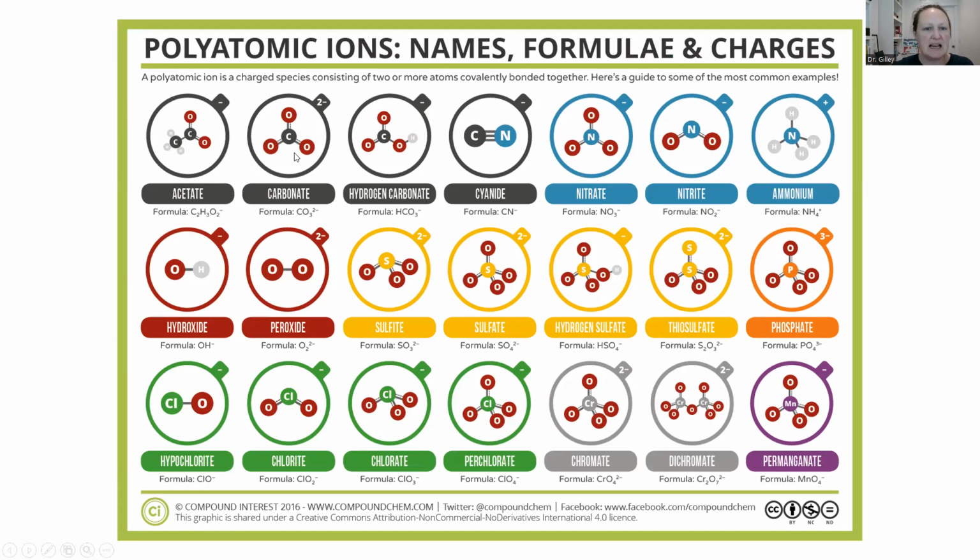So basically, these lines here are indicating that the atoms are actually sharing some of their valence electrons, and that's a type of bond called a covalent bond. So it's a group, right, of at least two atoms that overall has a charge. And they're almost always a negative charge, except for ammonium, which is the one case where it's a polyatomic ion that happens to be positively charged. So this is the only cationic polyatomic ion.